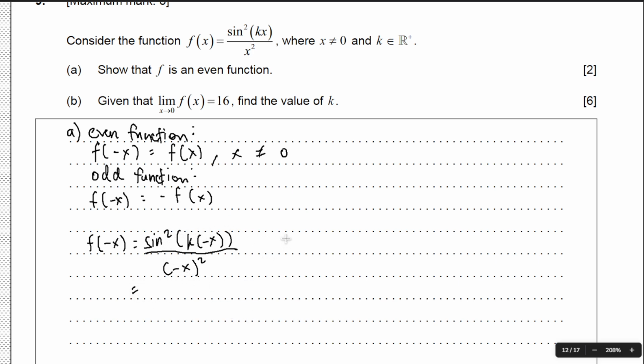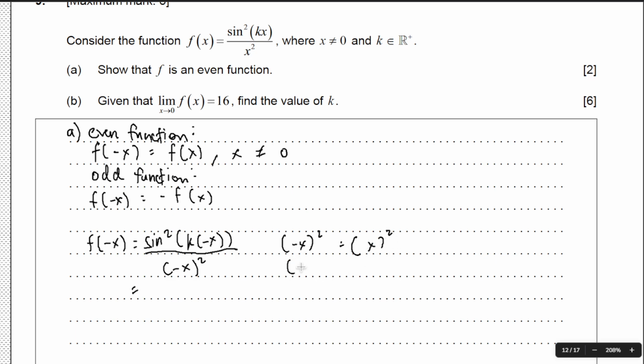Since this is the same thing as sine k minus x squared, that still would equal sine squared kx. And for minus x squared, the value would still be the same as x squared.